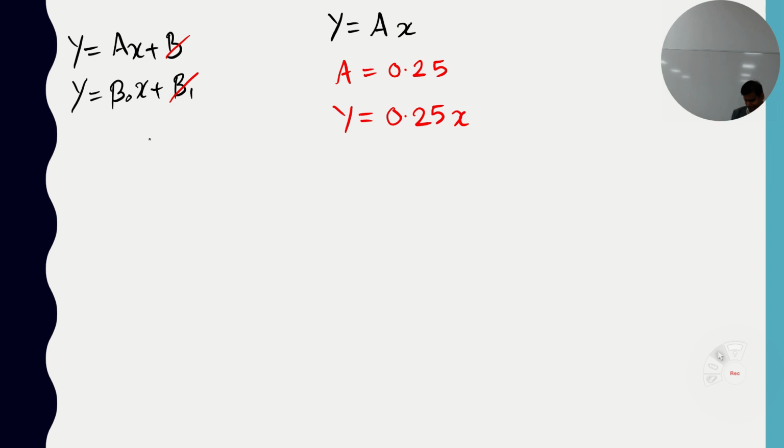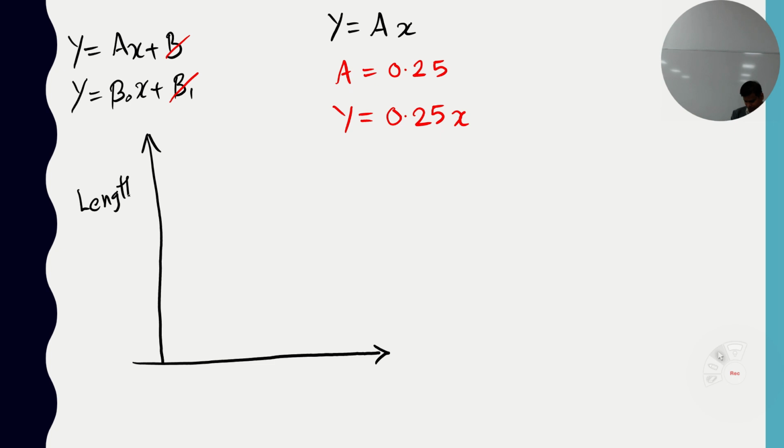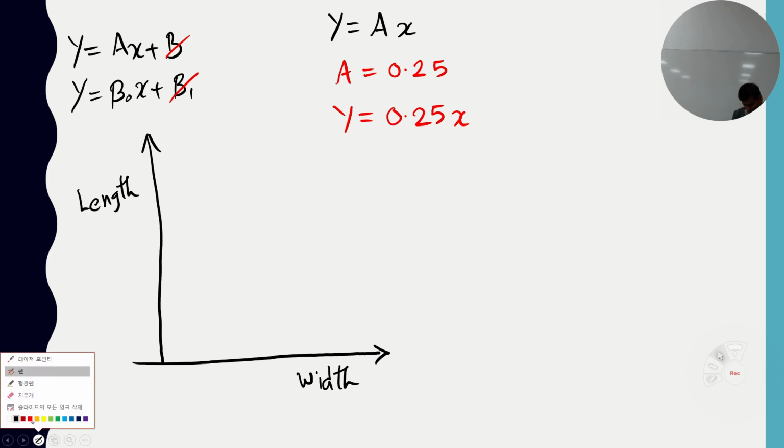If you try to plot a graph for this, you can see what is happening here. So the two training data that you have is this one.